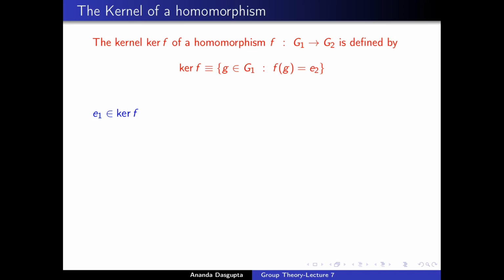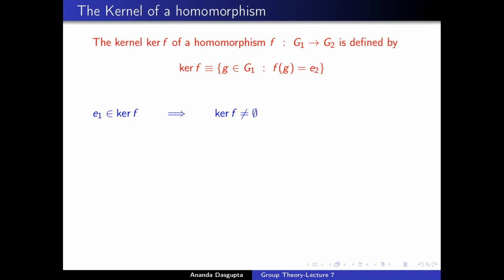So, for any homomorphism f whatsoever, the kernel is never an empty set. Actually, we will show that the kernel of a homomorphism is a lot more than a non-empty subset of a group G1. We will first begin by showing that it is actually a subgroup of G1.